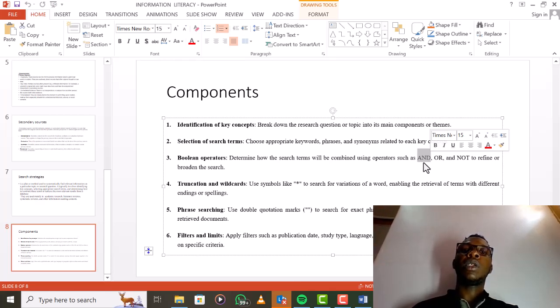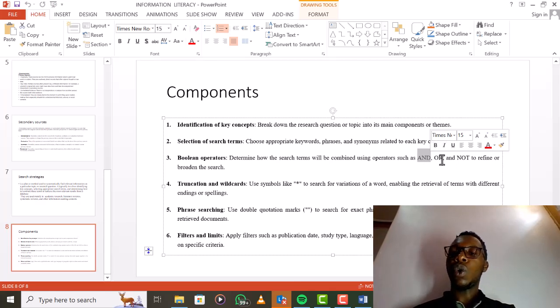As we are looking at maybe ways of improving agriculture, the important terms we have are agriculture and improving. So when you use AND, you say agriculture AND improving, they will give you a definition of both of the terms. They will give you the main concepts behind both of the terms. They give you details from each of the terms.